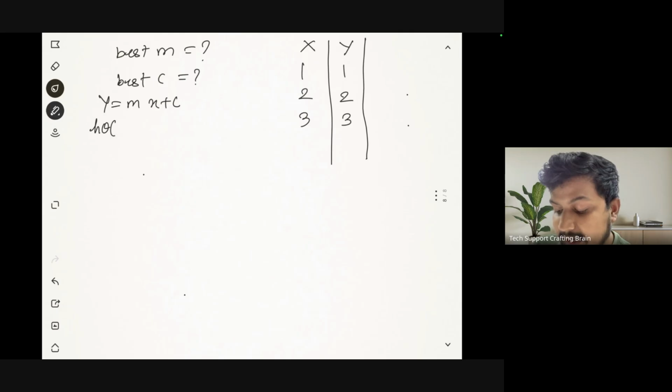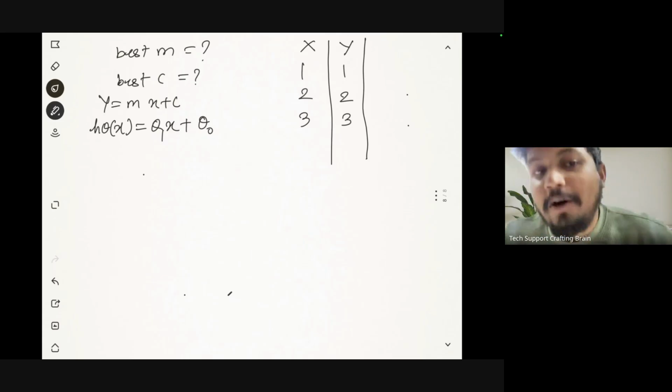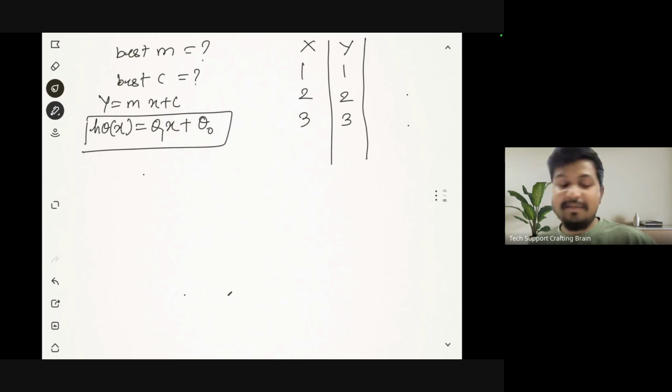h of theta x is equal to theta 1 x plus theta naught. Although the formula looks a little complex, is it not the same kind of formula, only the variable names changed?